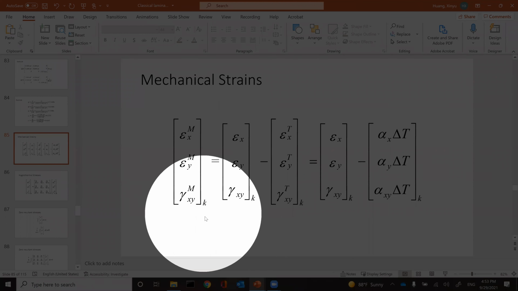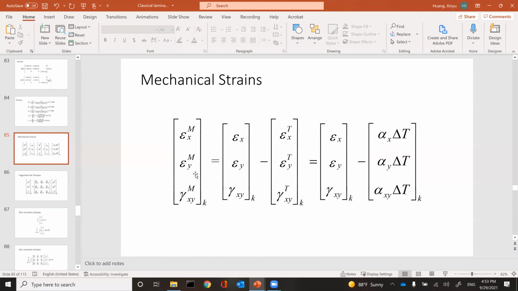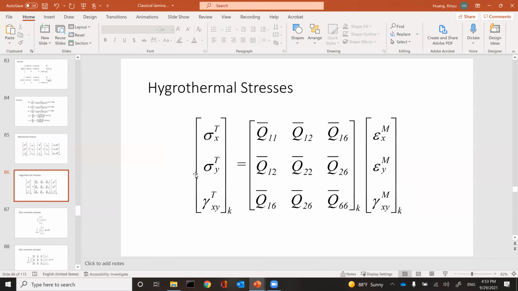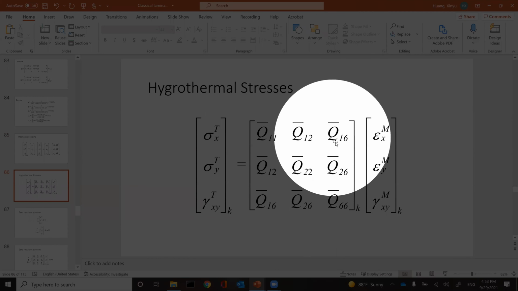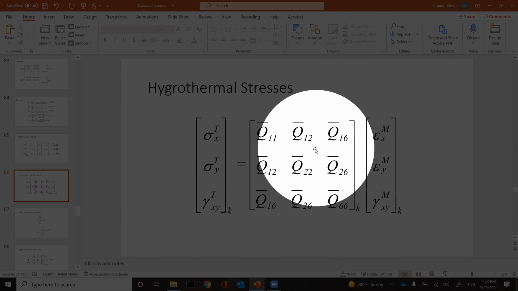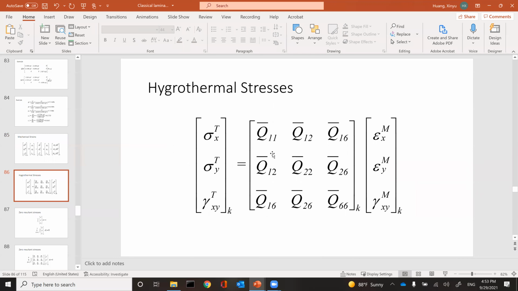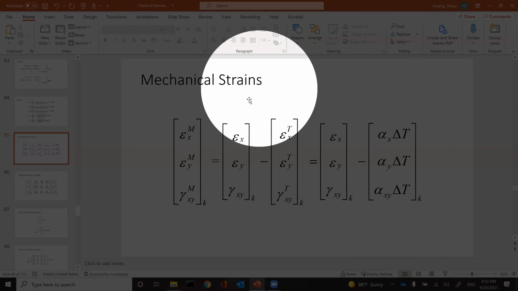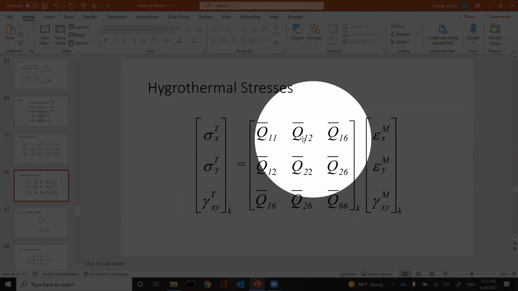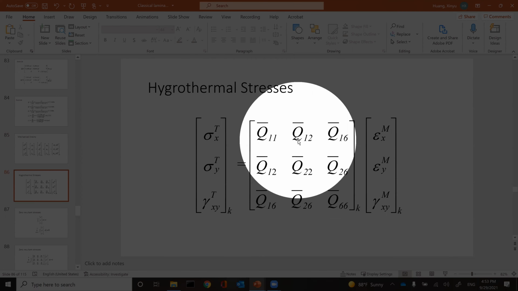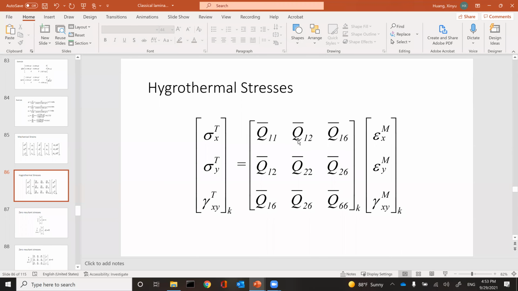The fact that there is mechanical stress, even though you don't have external loading, is due to the fact they fight. Okay, so there will be mechanical stress, and the mechanical stress is related to the mechanical strain through this same matrix. So when you have a mechanical strain, there will be mechanical stress. They're related by the same stiffness matrix. Right, that makes sense?